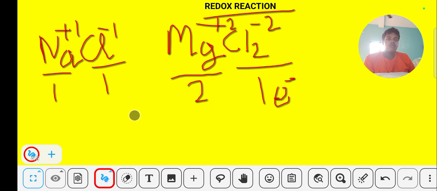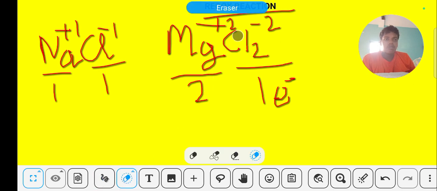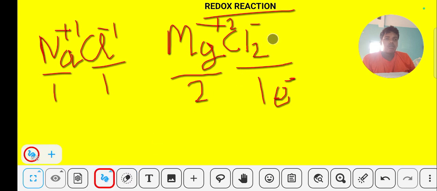So both will complete their octets and Mg will get plus 2. No, Cl is minus 1, because there are two chlorine, so each will get minus 1 to balance. And as you know that in ionic compound the overall charge is 0.